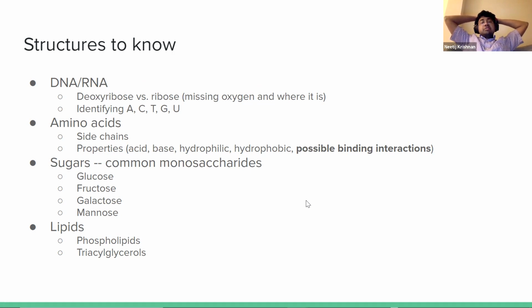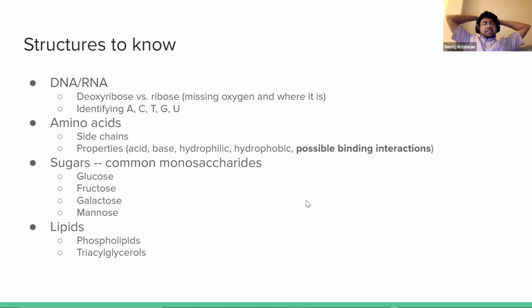You should be able to identify the bases A, C, T, G, and U on sight. And you should also know where the 5' and 3' carbons are, so that you can identify where the chain is going to be forming when DNA is polymerized.